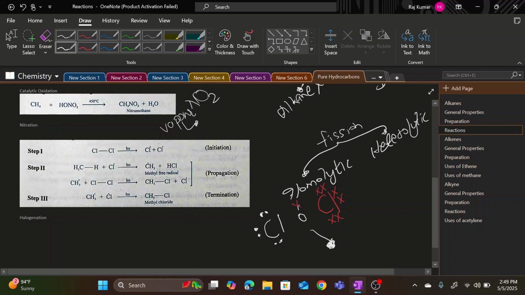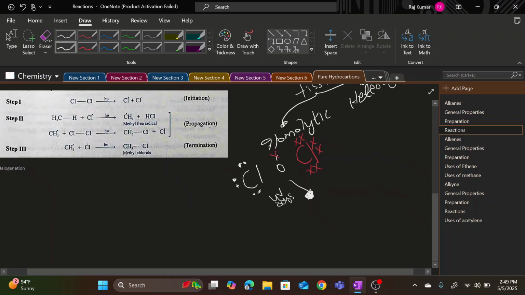Now, this chlorine molecule, what I actually do is provide it with UV radiation, with UV light. By absorbing UV light, the chlorine molecule becomes unstable, and it breaks apart from the middle.